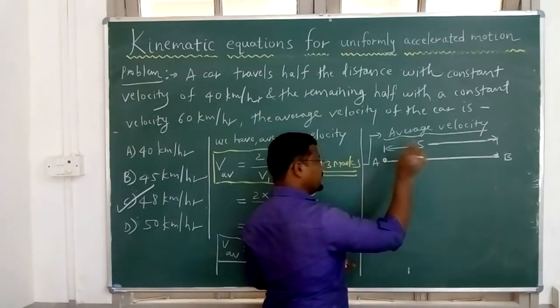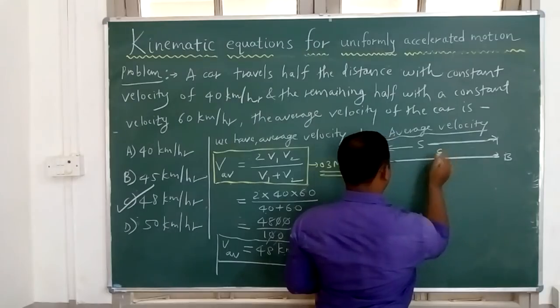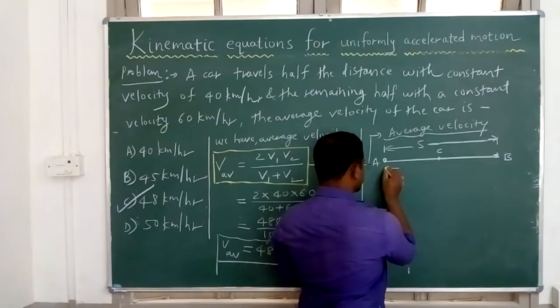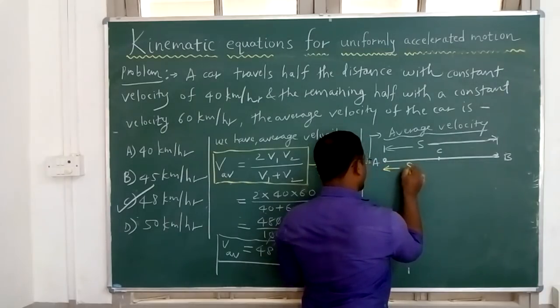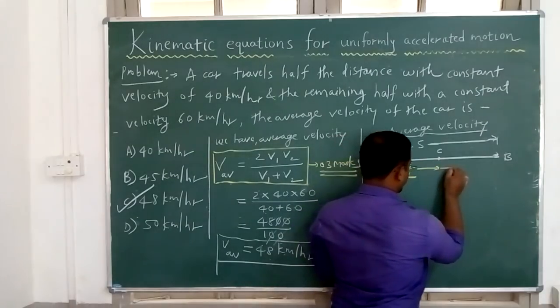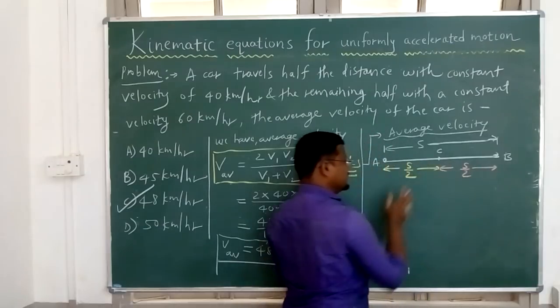The total displacement is S. So half means somewhere here the point C will come. So clearly this half displacement I will write in this yellow color. This half displacement is S by 2, and this next half displacement is again S by 2. So the displacement covered is the same.